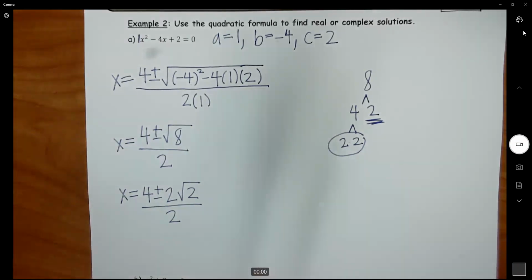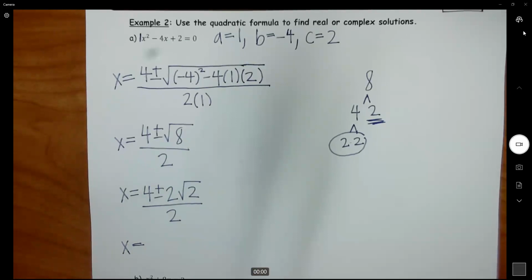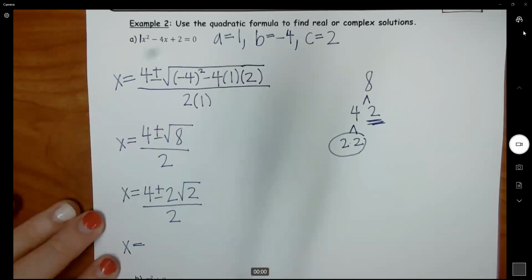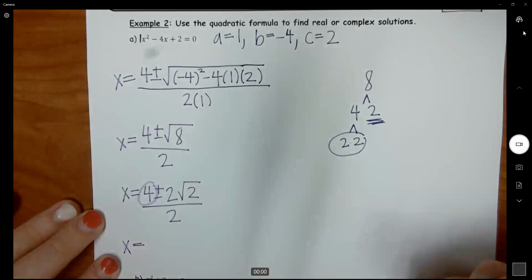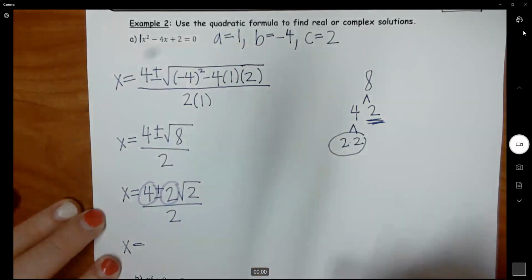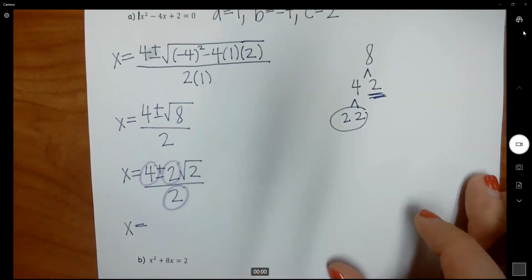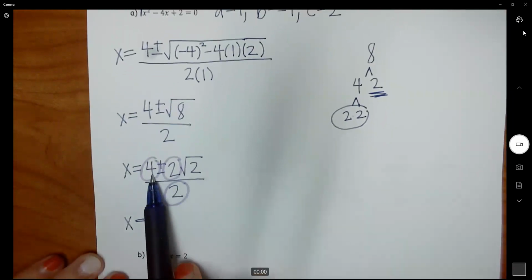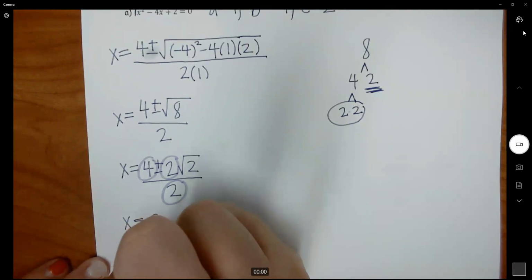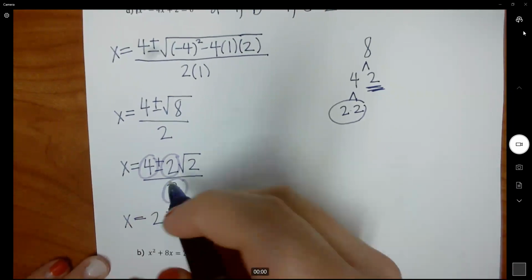And then this is still not fully simplified. Once you break this down, you need to look if the number in front of the plus or minus, the number in front of the radical, and the number here below are all divisible by the same thing. And they are. They're divisible by 2. So 4 divided by 2 is 2. 2 divided by 2 is 1.